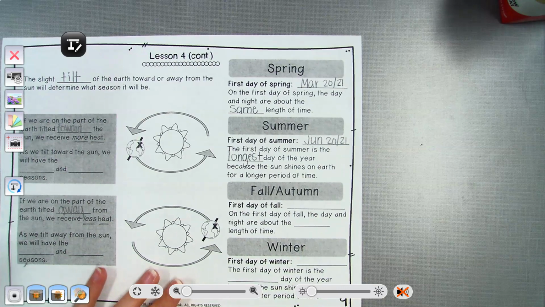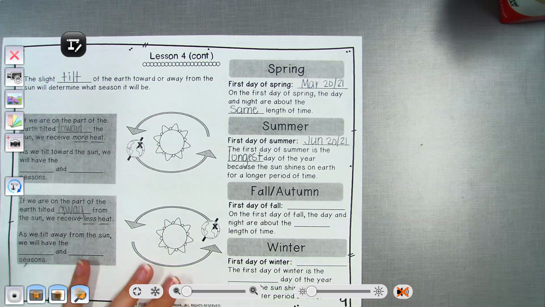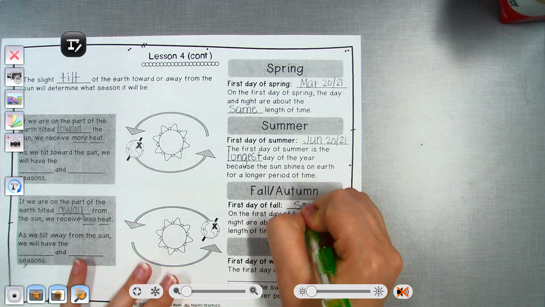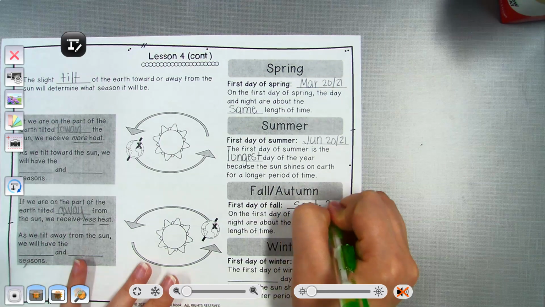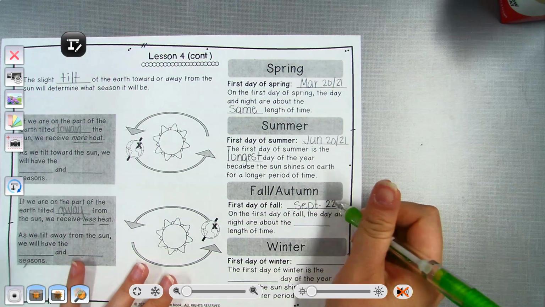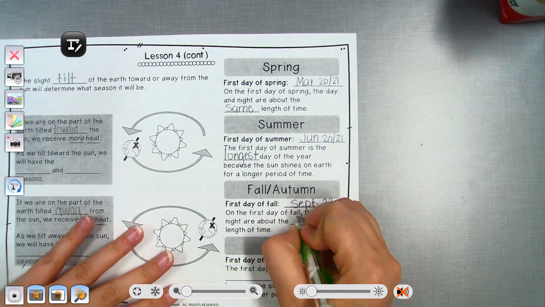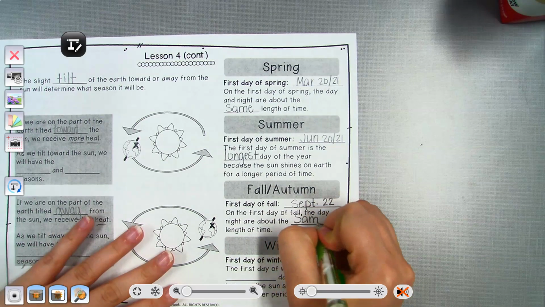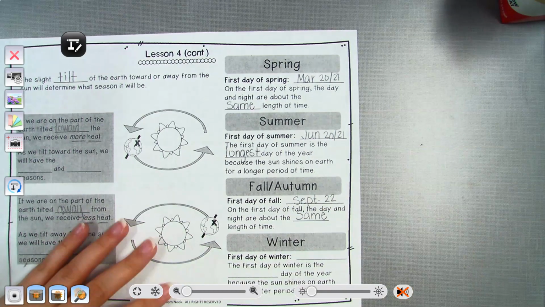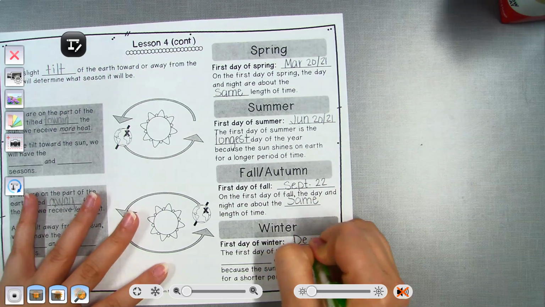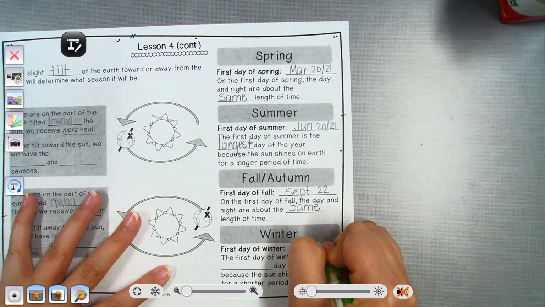Fall or autumn. First day of fall is September 22nd. I knew this one because when I watch the news and the weather, it'll always say, oh, it's the first day of fall. And on the first day of fall, the day and night are about the same length of time. The first day of winter is December 21st.